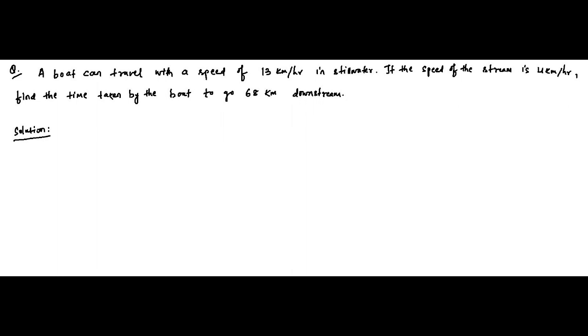Like we solved the previous question where it was the swimmer and the river, here also there are two important concepts. First is upstream and downstream. Upstream is same as against the flow, and downstream is same as with the flow.